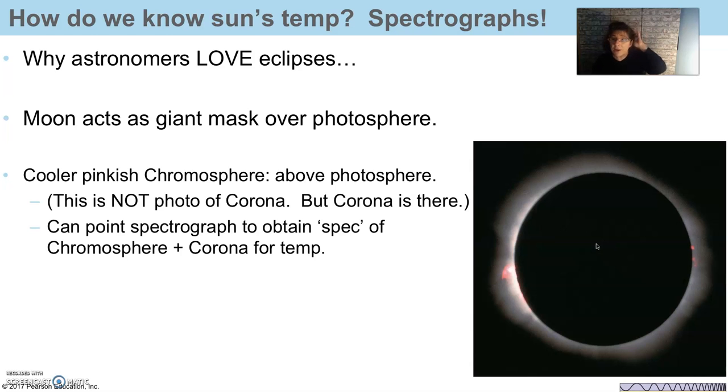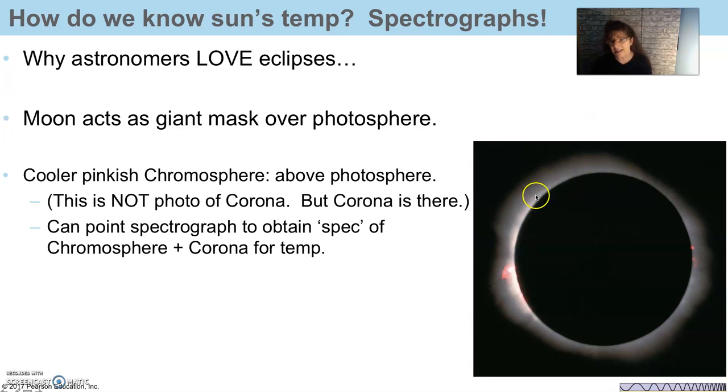That atmosphere is in two layers. The atmosphere has a pinkish layer and the atmosphere has a whitish layer. When you are seeing the pink, that is called the chromosphere. That is an annular eclipse that you're seeing there. That's why we talked a bit more about annular eclipses in the assignment that I gave to you.